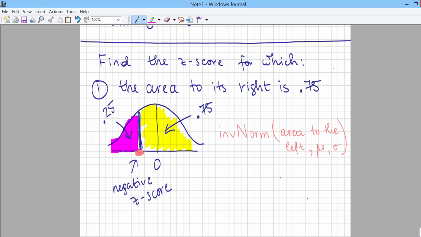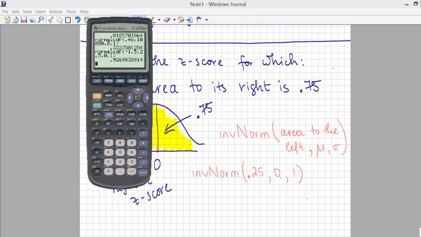So for our problem, you would do inverse normal. Area to its left is 0.25, mean is 0, and standard deviation is 1. Okay? So let's go ahead and do that. We're going to go back to the same place. This would be second variables, and it's command 3.